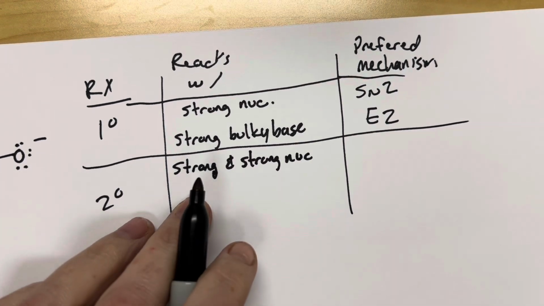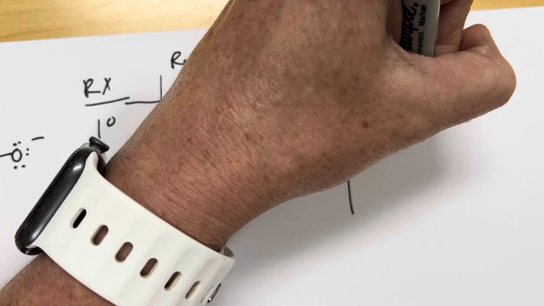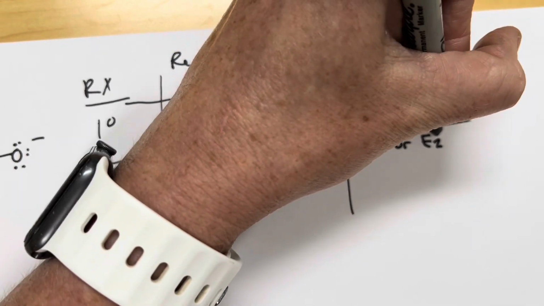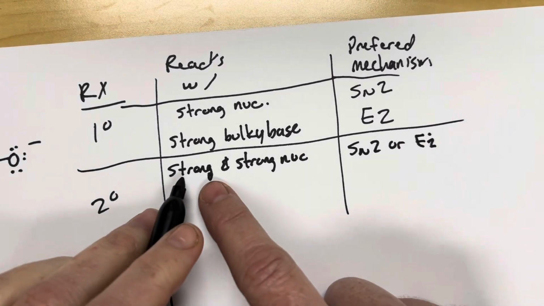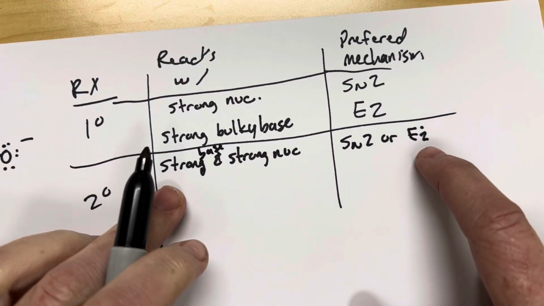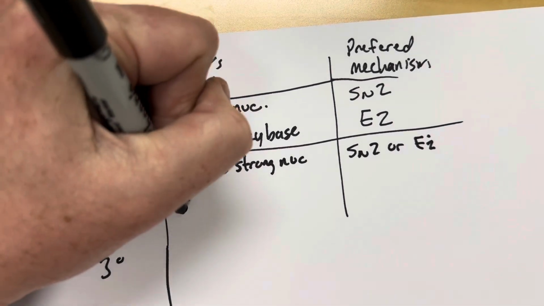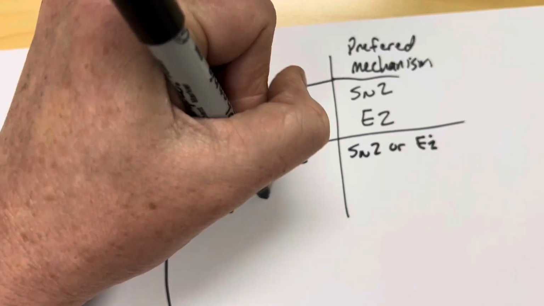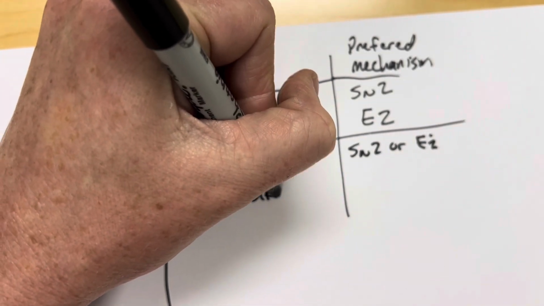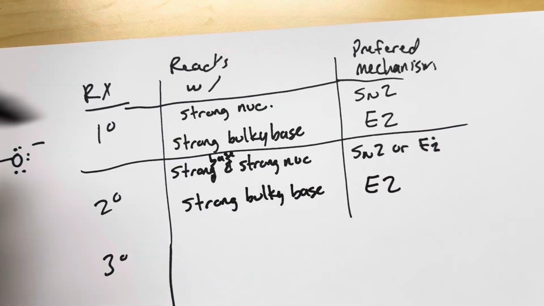So if you have a strong base and a strong nucleophile, that's going to go via SN2 or E2, because if it's a strong base, hopefully it makes sense it's E2, and if it's a strong nuke, hopefully it makes sense it's SN2. If you have just a strong bulky base, just like before with the primary, you will only get an E2.